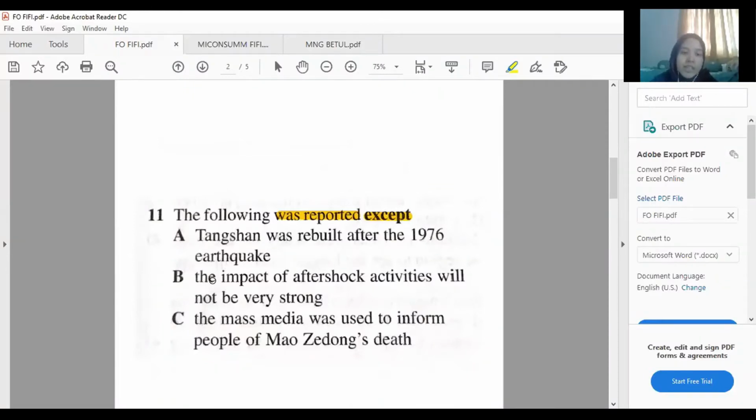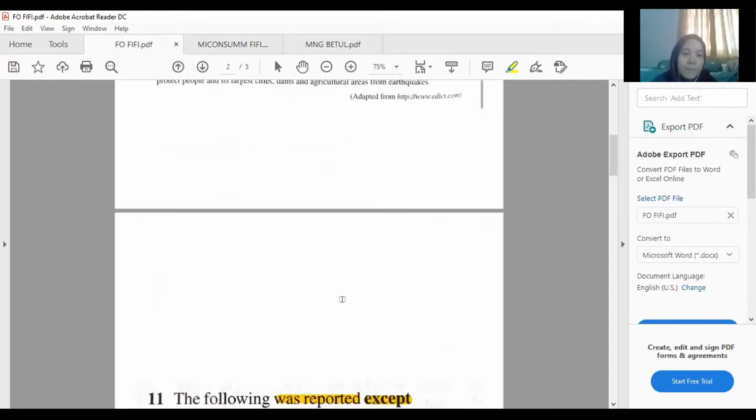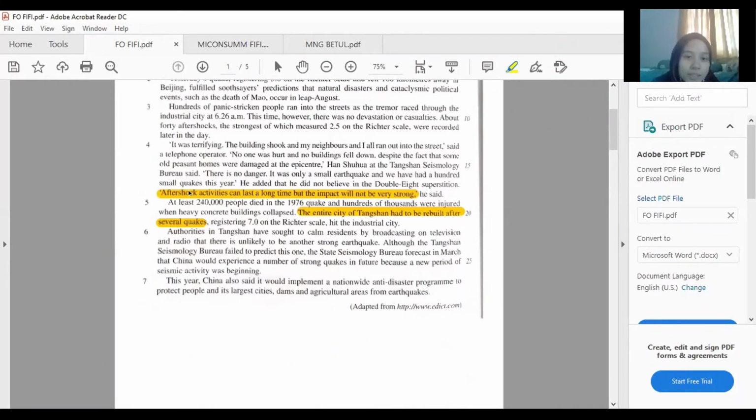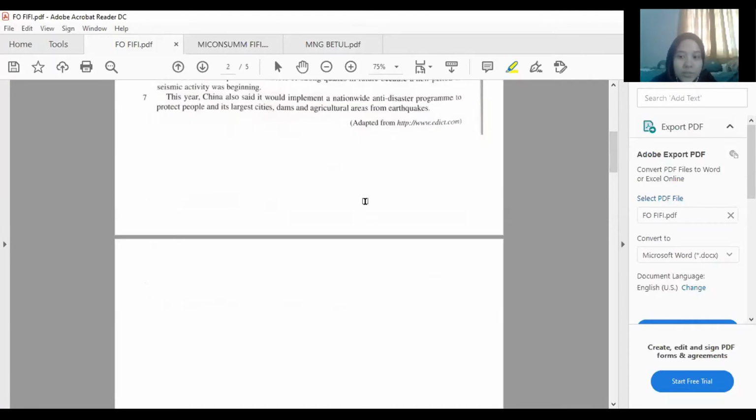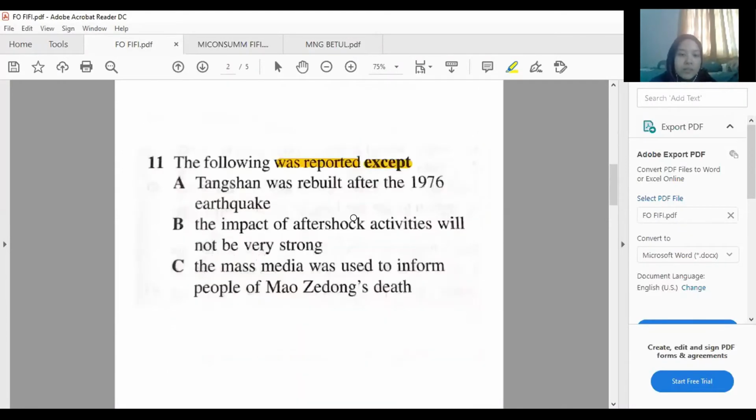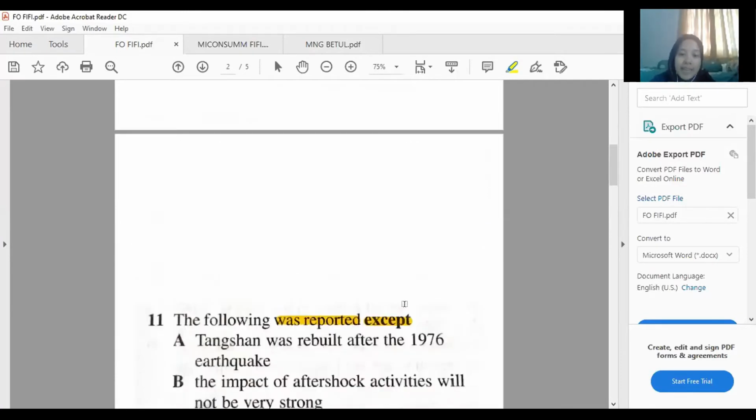The second one is the impact of aftershock activities will not be very strong. Okay, so this one, the aftershock activity can last a long time, but the impact would not be very strong. So it is mentioned also. So the C, the mass media was used to inform people of Mao Zedong's death.